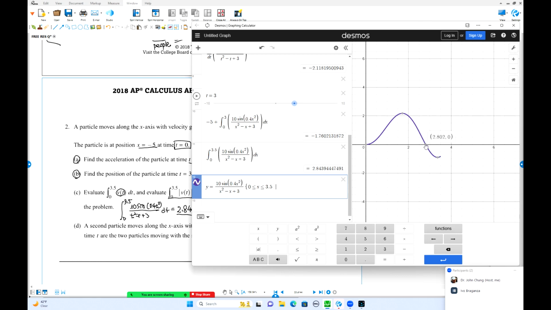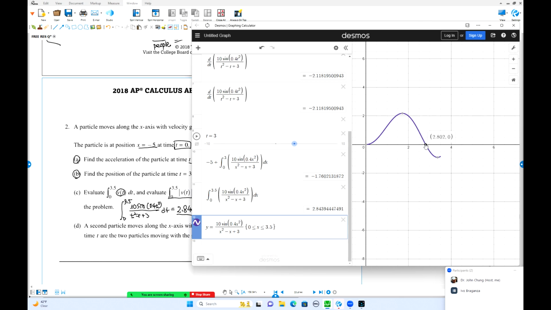But up to here, that is what? Up to time 2.802, that is a positive velocity, move to the right. After this, to 3.5, that is move to the left, okay? That is also distance. When you make it, the area is a negative number, but we're gonna make it positive, right? Travel distance must be a positive number, okay?